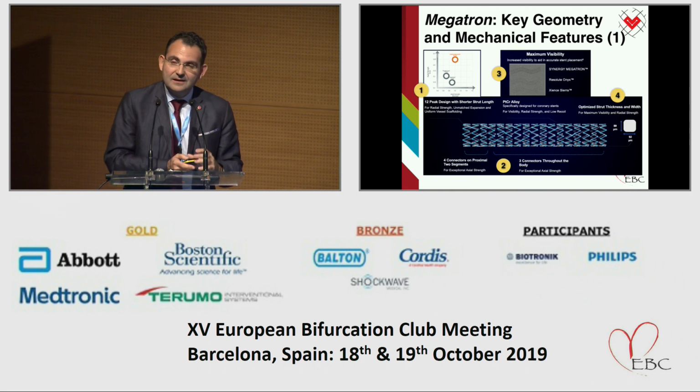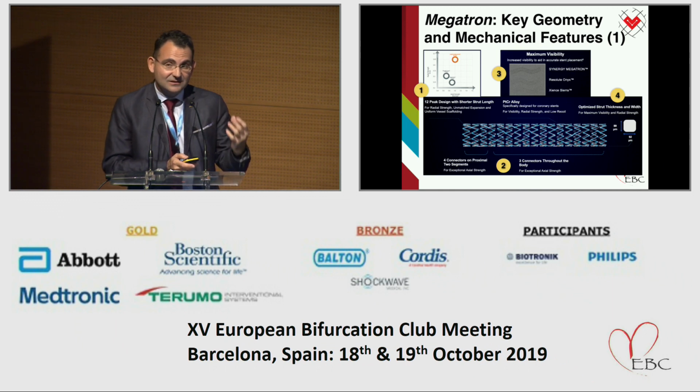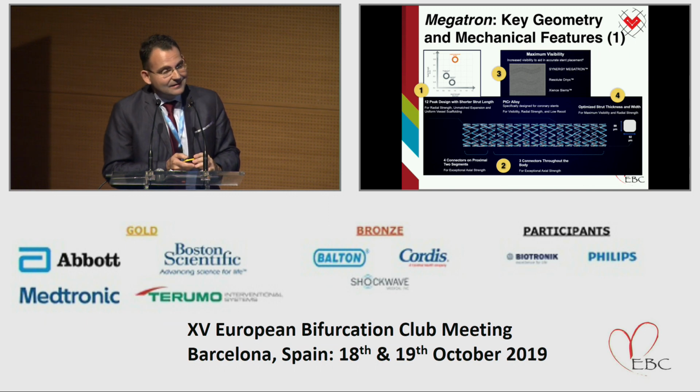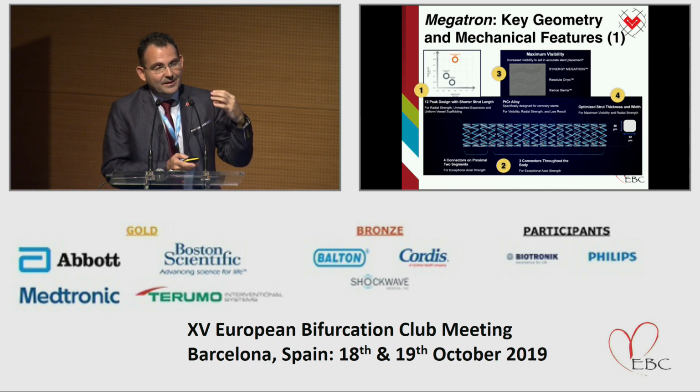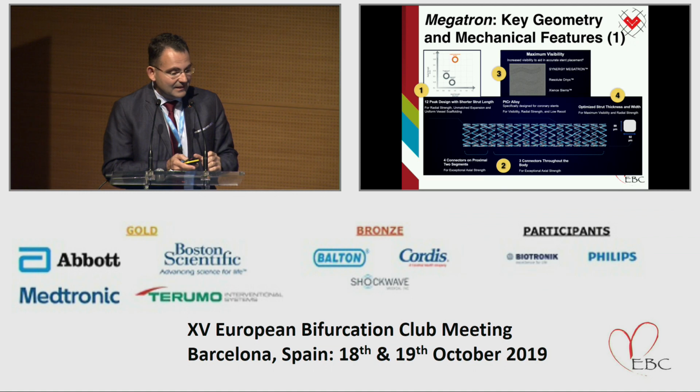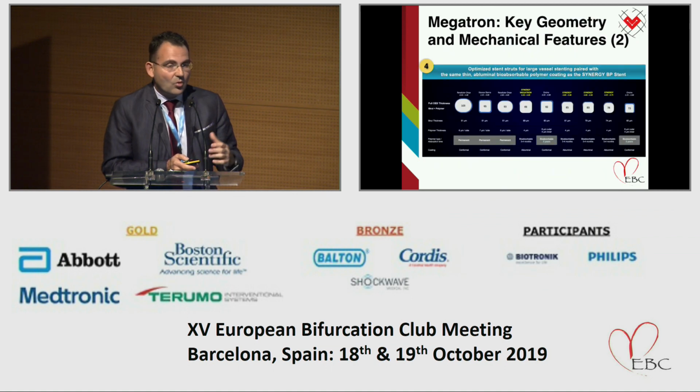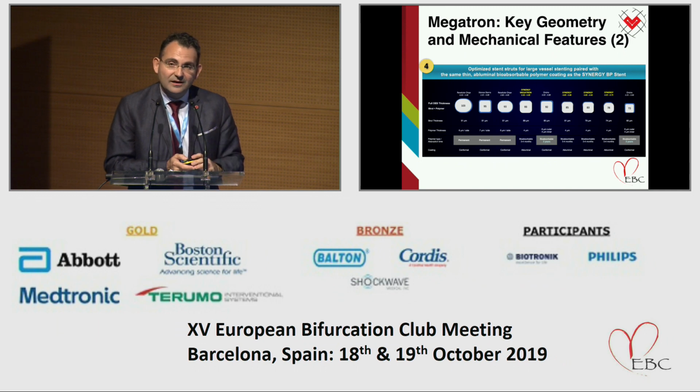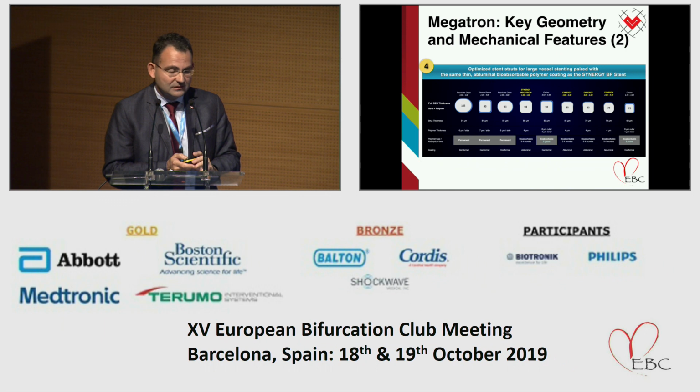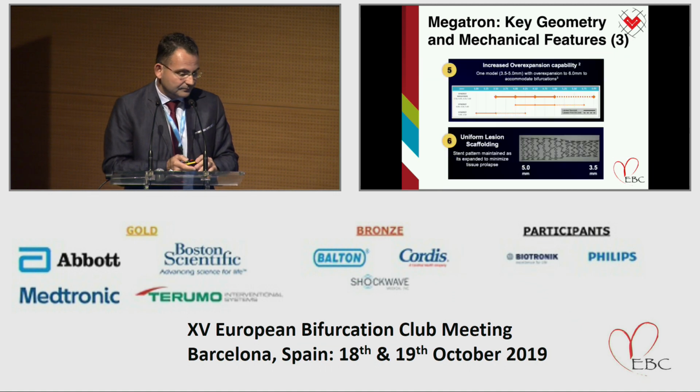Fourth feature, it has thicker struts in a way that they give better radial strength, but at the same time, those struts are not so thick as to create issues and expose the stent to increased risk of stent thrombosis and restenosis. So as you see here, the stent struts of the Megatron are overall quite thin.